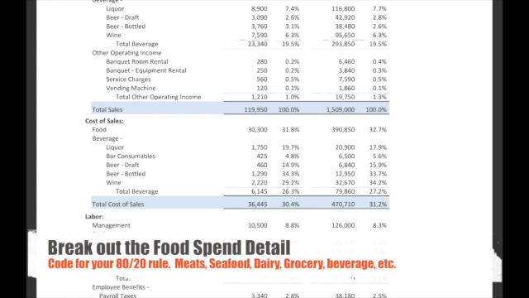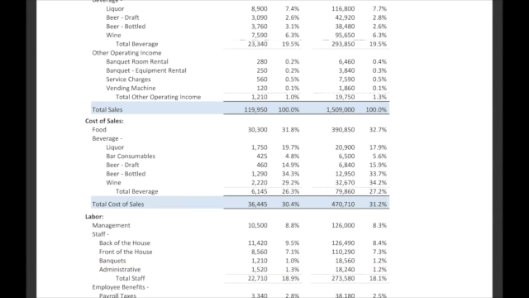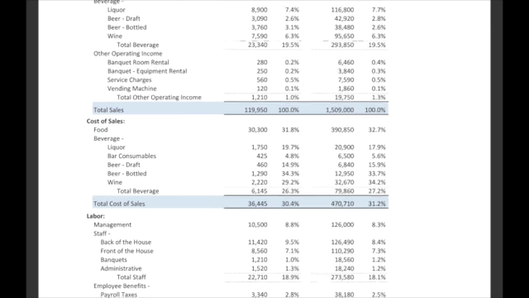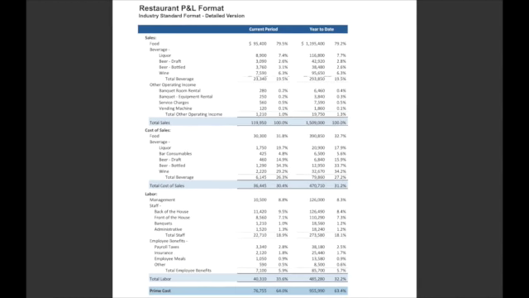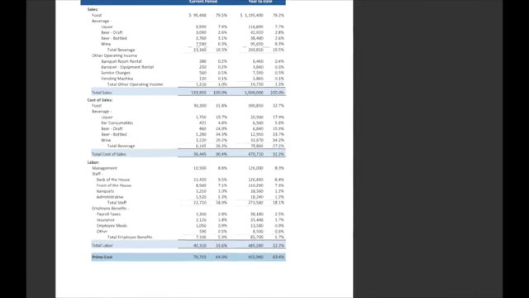You can get more specific with that, and a lot of concepts do. I'm a big fan of that if you have an 80-20 rule, and that's 20% of what you buy is representative of 80% of the amount you spend. So all of this can be expanded, and depending on your concept, probably should be expanded.